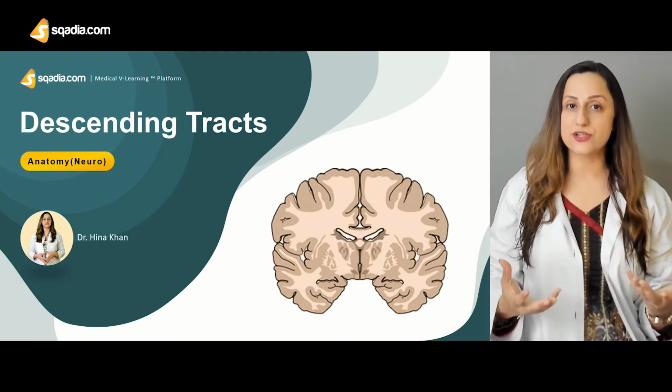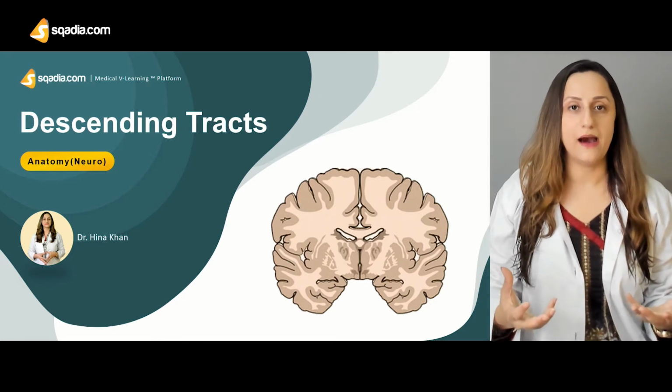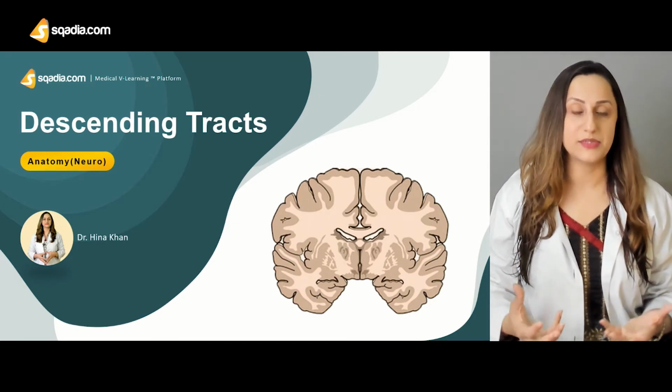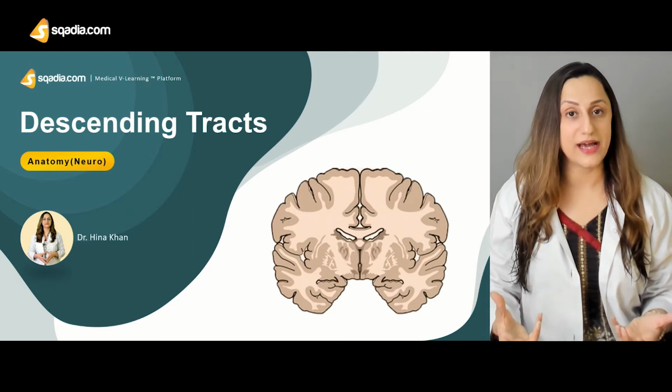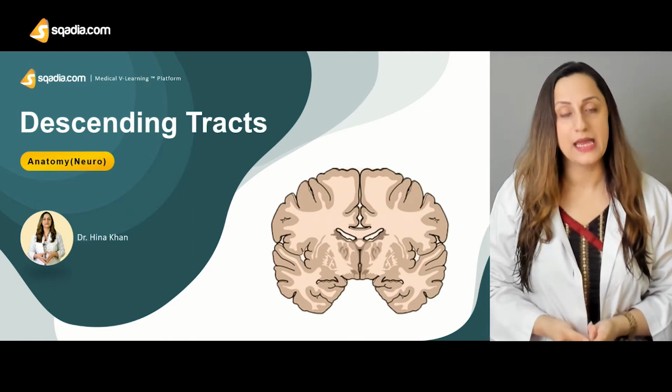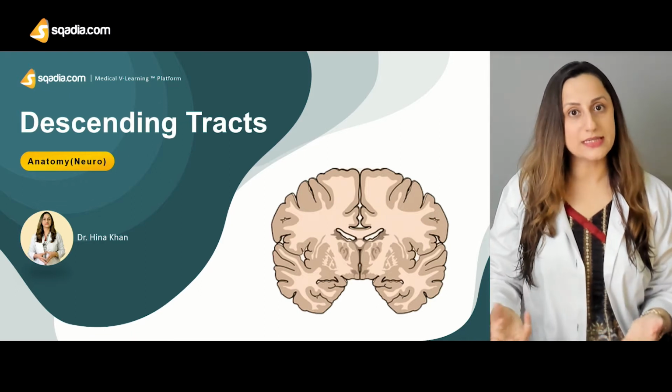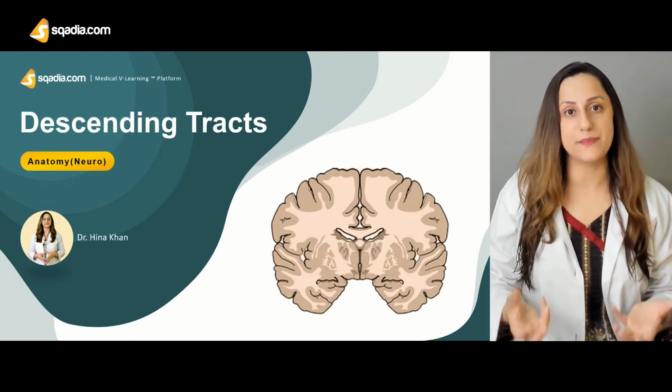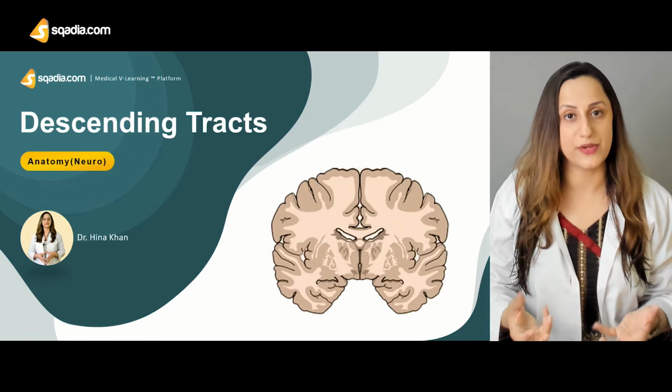In our previous lecture, we went through the tracts known as the ascending tracts, and they gather the information from the periphery through the receptor organs, and they take the messages back to the higher centers of the brain.